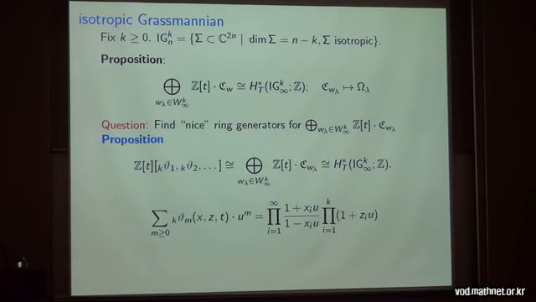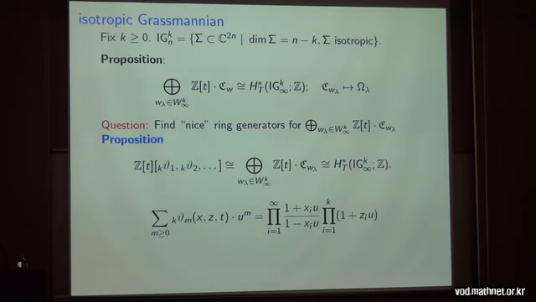Now you're looking at this cohomology ring as the module generated by Schubert classes. And now you want to think of this as a ring.